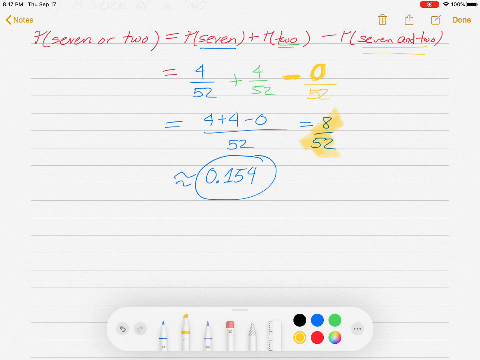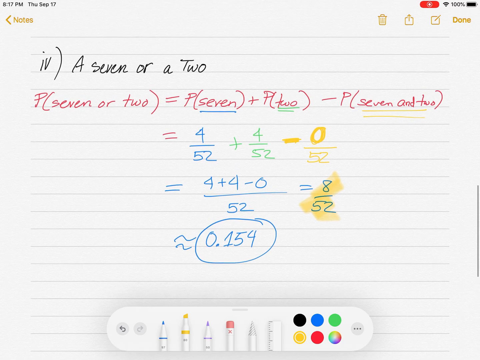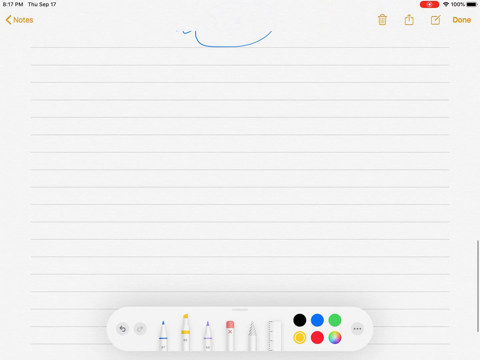Okay, we'll do one more. How about a 5? Do a problem 5. Right, so this says a black or a red.